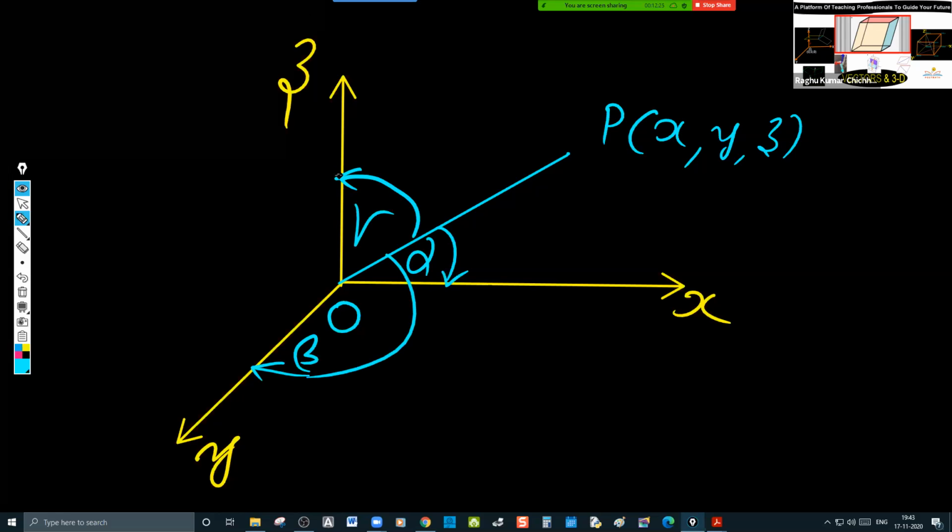Then cos alpha, cos beta, cos gamma are the DCs.